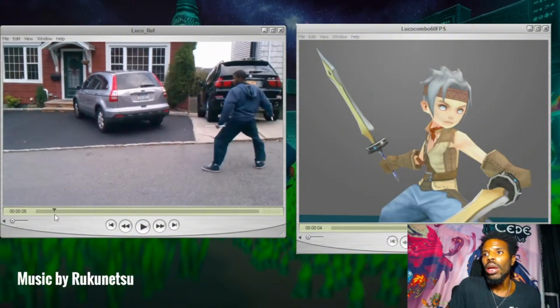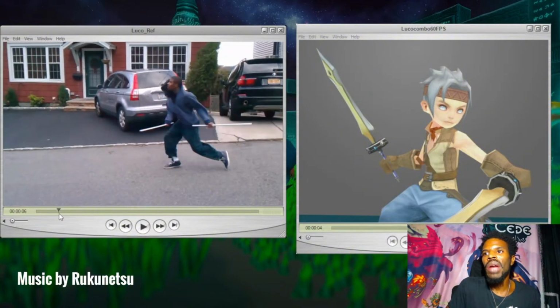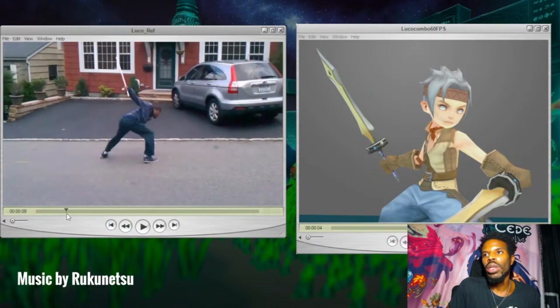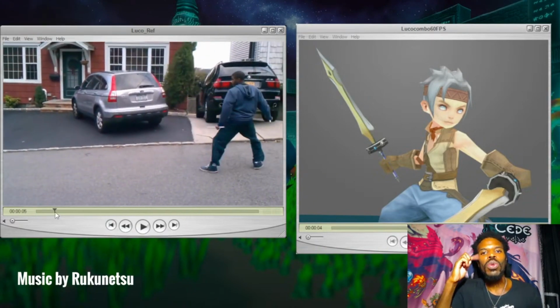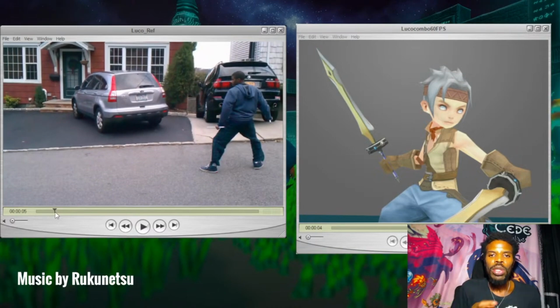The key is that you want to understand what's going on, because that's going to build a mental library for you of understanding how the body moves. So when you do other animations, you don't always need reference. You'll have a memory of body mechanics.